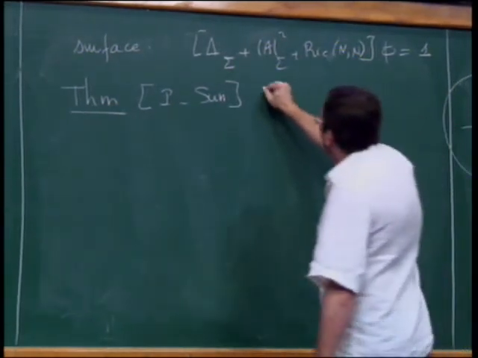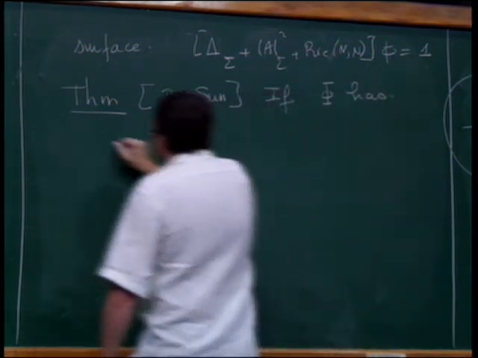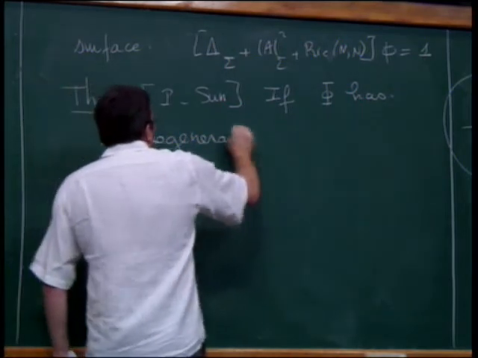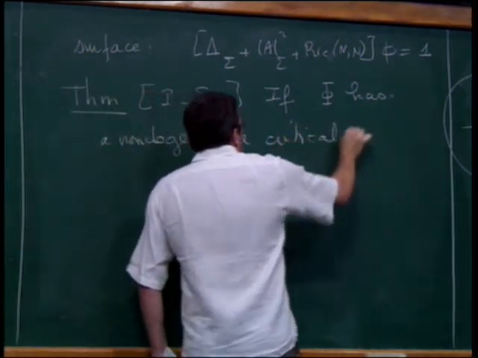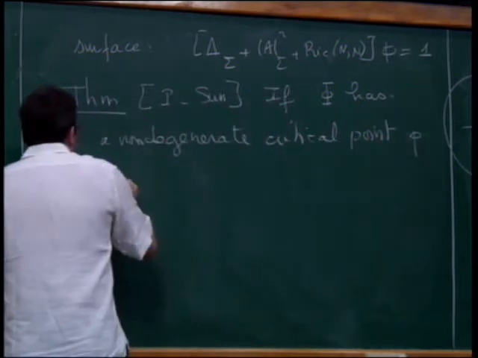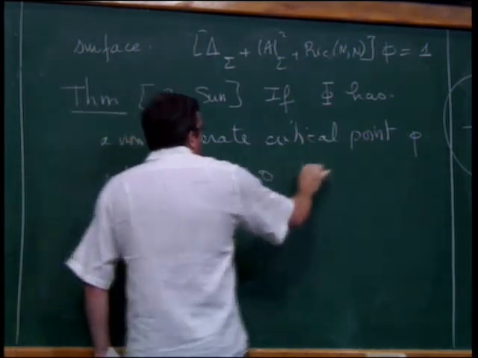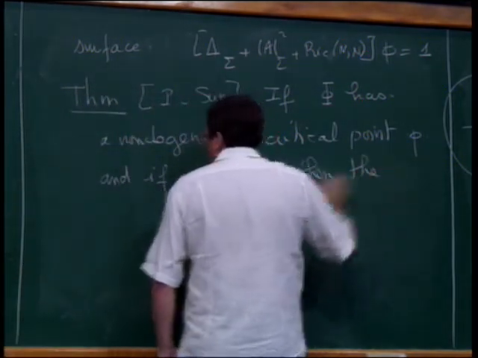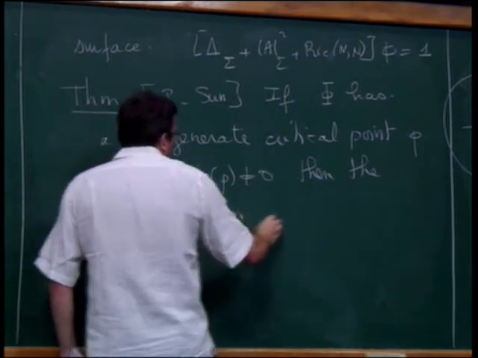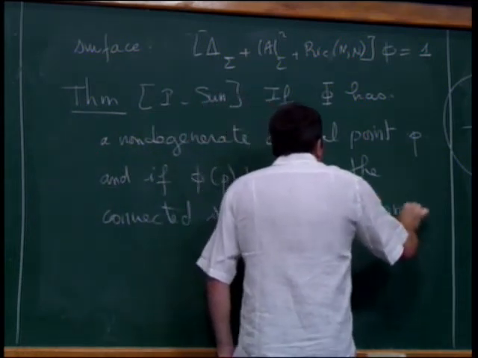If phi has a non-degenerate critical point, let's say P, and if phi of P is non-zero, then the connected sum can be performed at P.